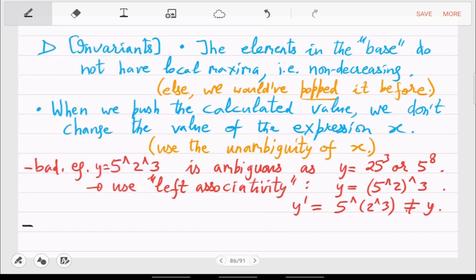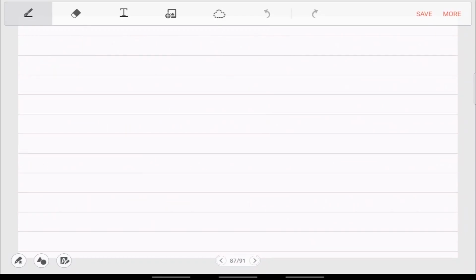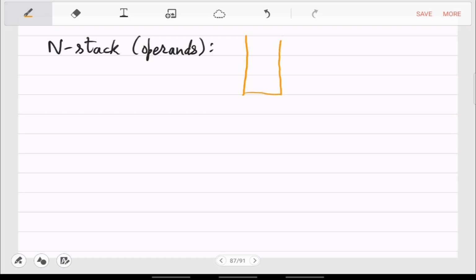Okay, so to make the code clearer, use two stacks. One stack, let's call it the n stack, is for the operands. In the operand stack, you can put the numbers which came: 8, 3, 5, 2, and 9.